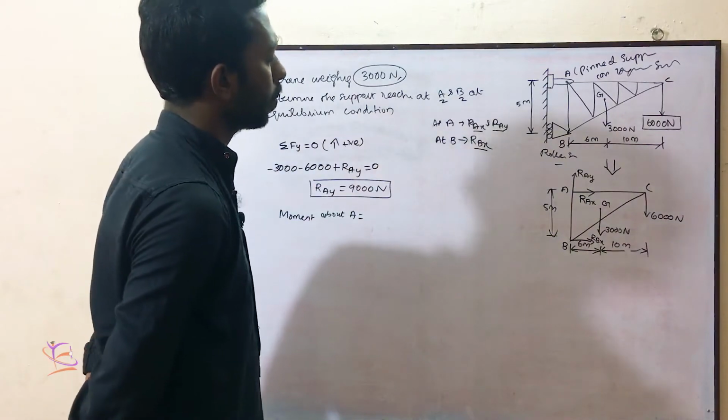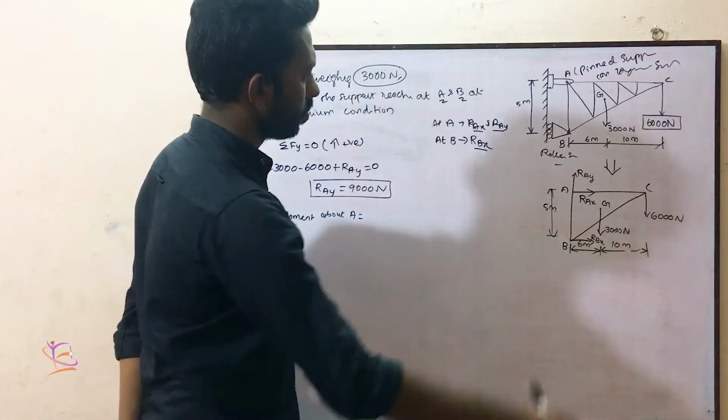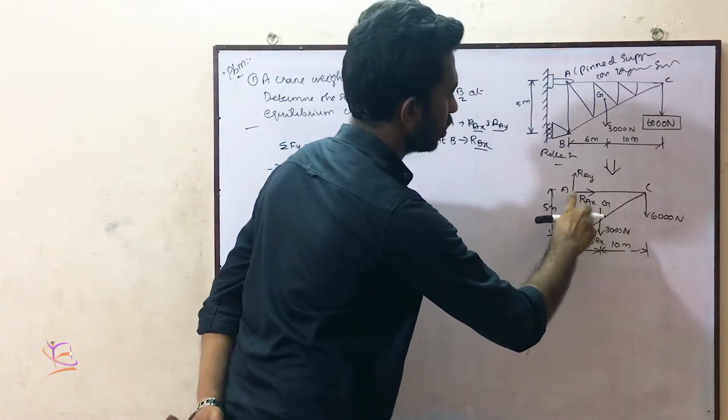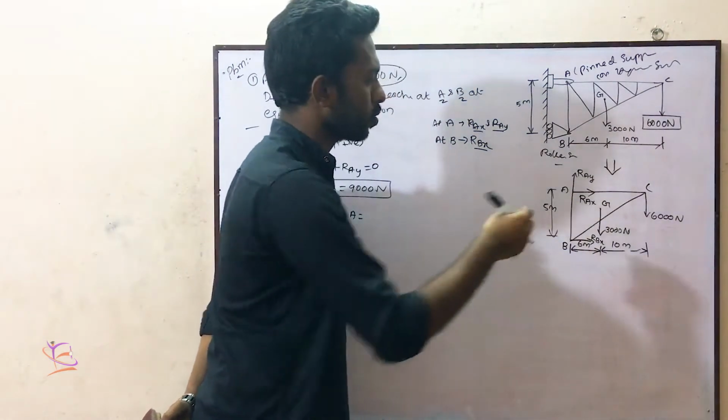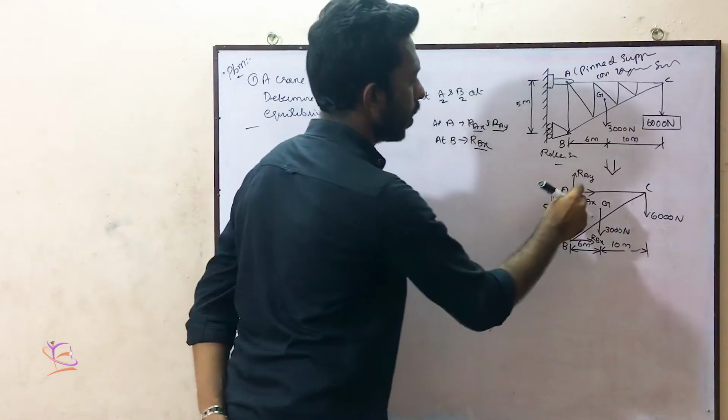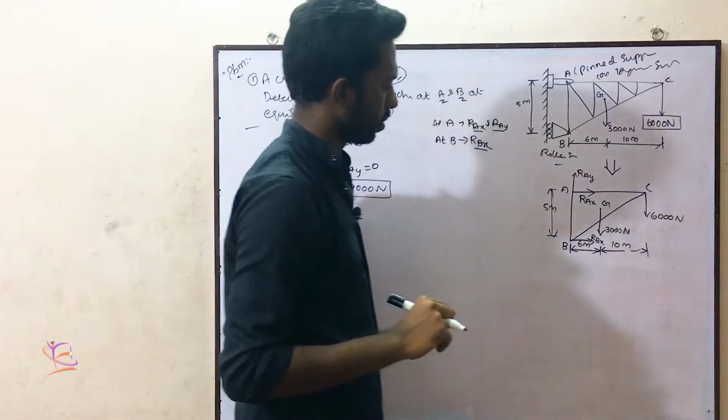So the moment about point A: AX is passing through it, and RAY is also passing through the point, so no moment will be created by these two reaction forces.